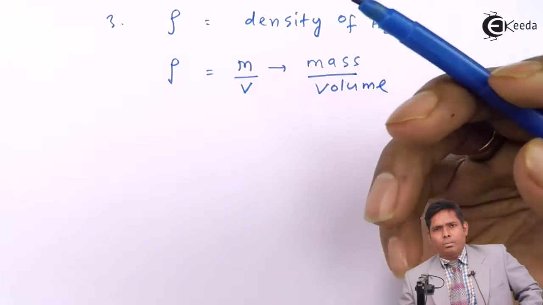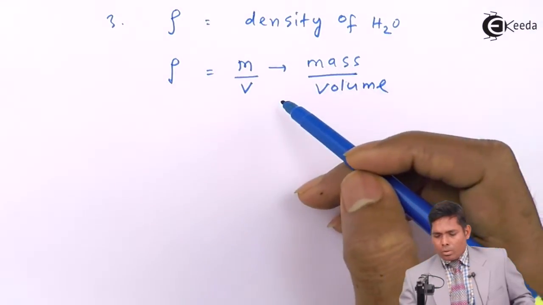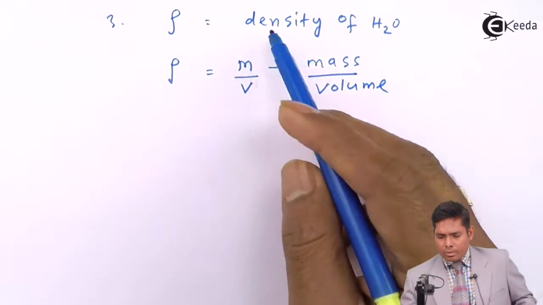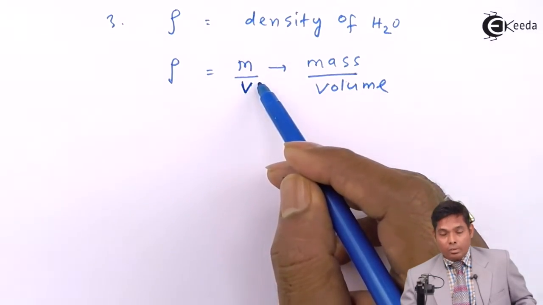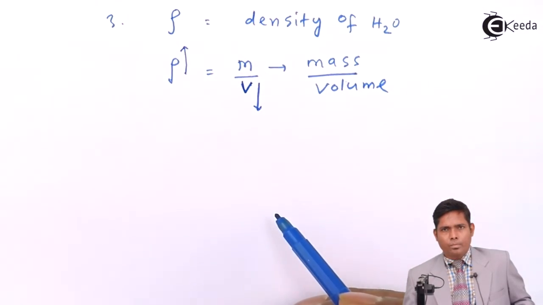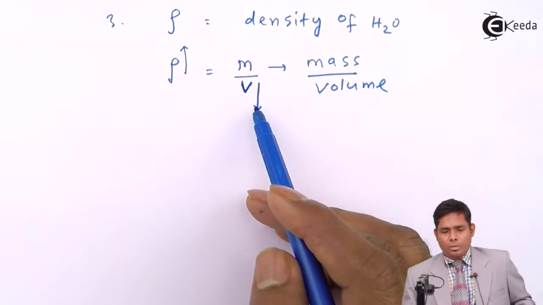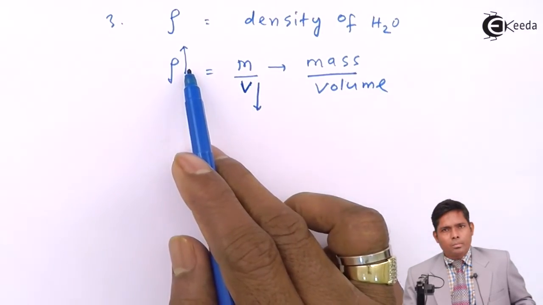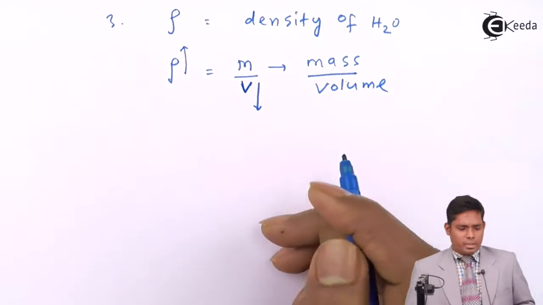For a given mass of liquid, you increase or decrease the temperature. When the volume is least, the density becomes maximum. When the volume is minimum, the density will become maximum, and the density of water is maximum at 4 degrees centigrade.